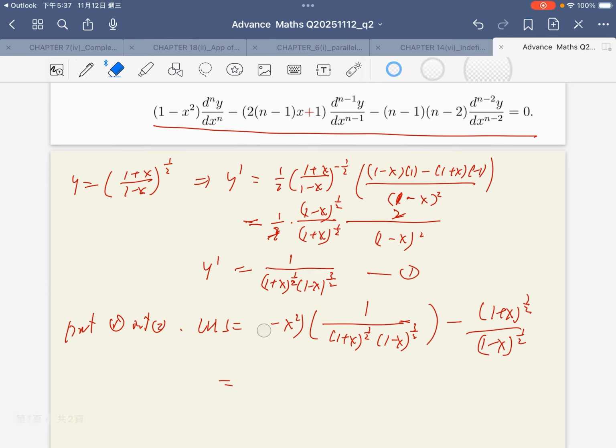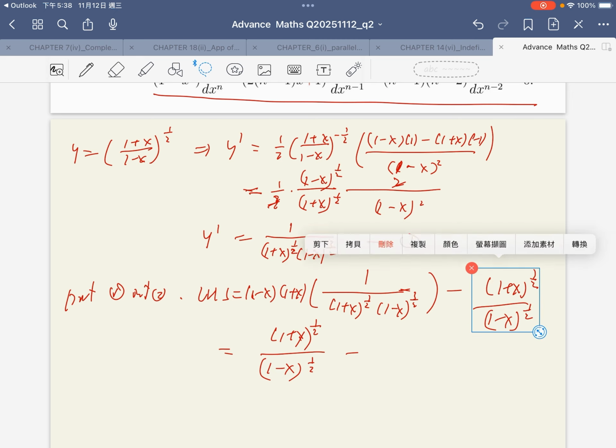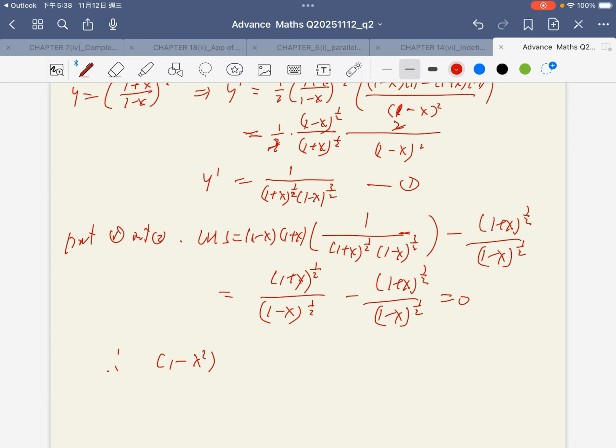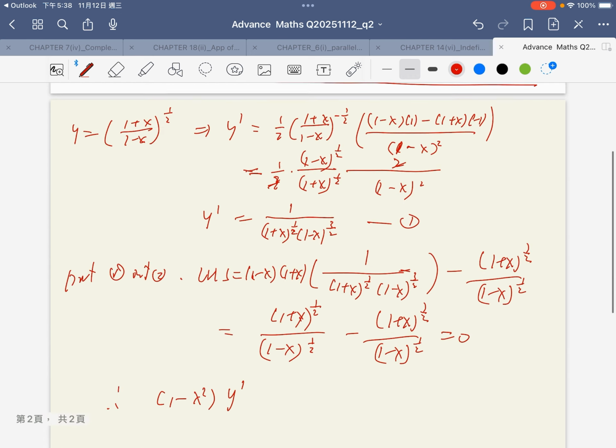And this part can be rewritten as (1 minus x) and (1 plus x). These two cancel. We have (1 plus x) to the power 1 over 2, and these two also cancel because the index here is 1. This is 3 over 2. Then the denominator: the power for the denominator, 1 minus x, is equal to 1 over 2. That is the same as y. That is 0. Therefore, we have (1 minus x squared) y prime. I denote this notation by y prime, this was for convenience.